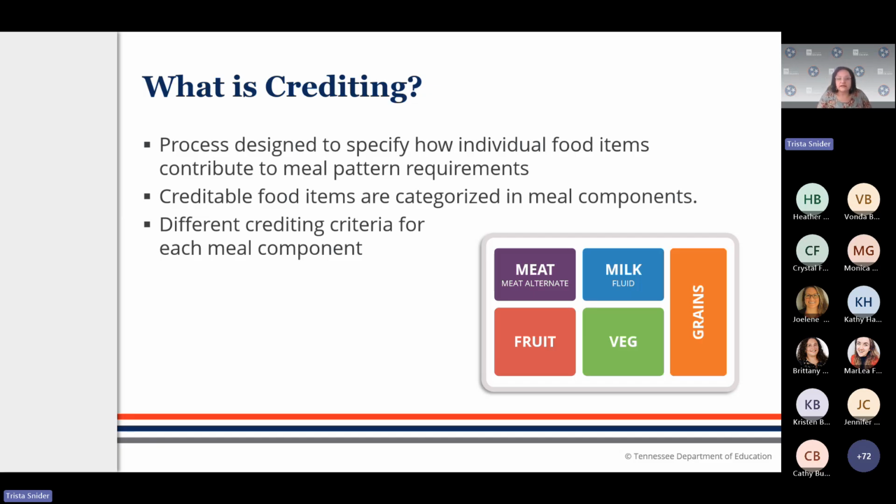So when we refer to crediting, it's a process designed to specify how individual food items contribute to the meal pattern requirements. And it's important to know that credible food items are categorized into meal components. As you can see on our screen, at lunch, we have 5 different meal components, and there's different crediting criteria for each one of those meal components.